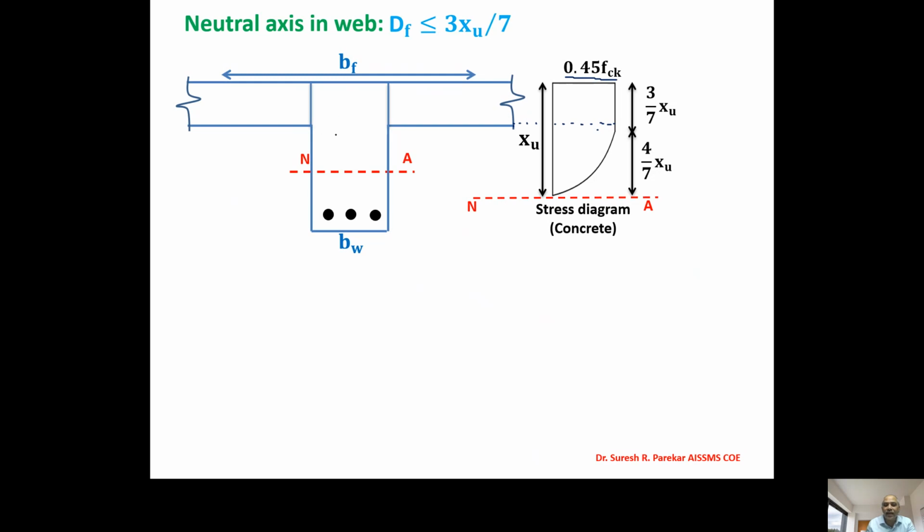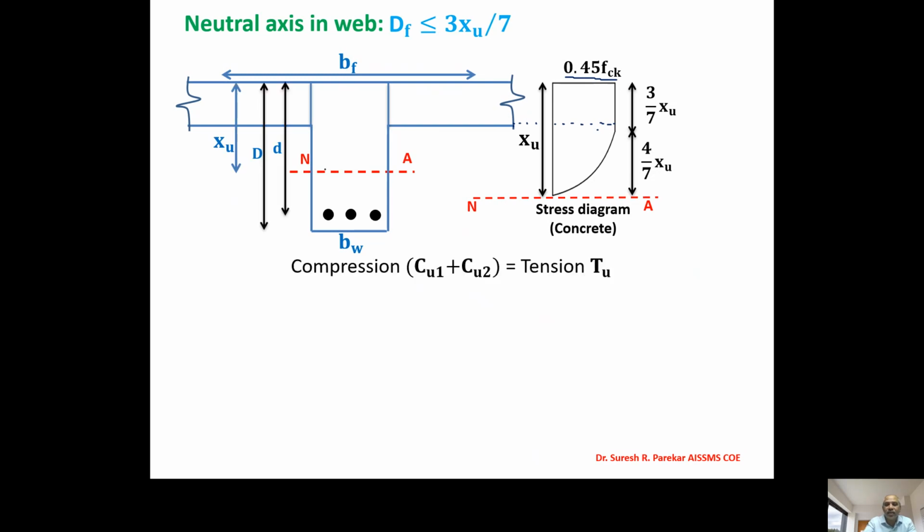And now how do we find this value of XU? We have to go again with CU equal to TU. Now we are going to get two values, CU1 plus CU2. What we are doing is, we have this neutral axis, so we divide this part into two parts.